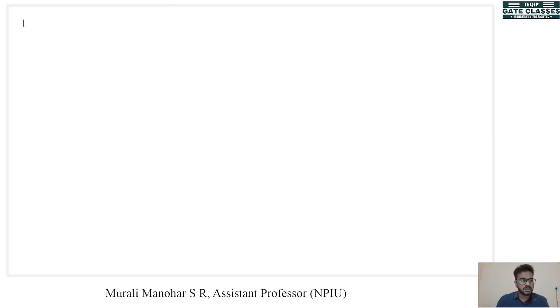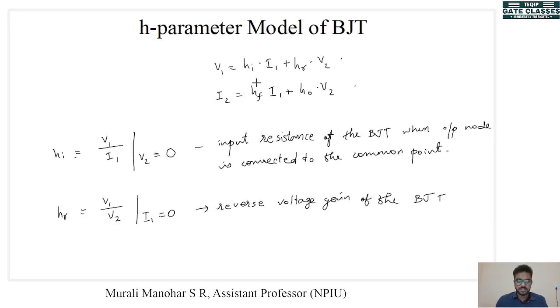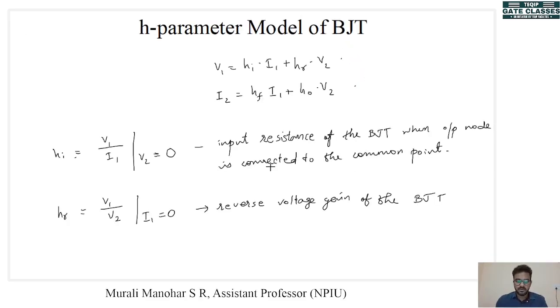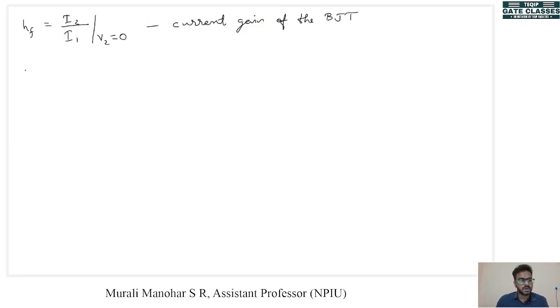The other two are HF equal to I2 divided by I1 when V2 equal to 0. You can see it here. It is the current gain of the BJT when the output node is connected to the common point, or the output node is grounded. Now the last one is HO.